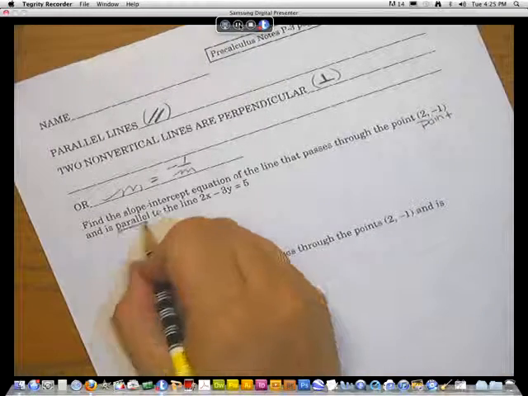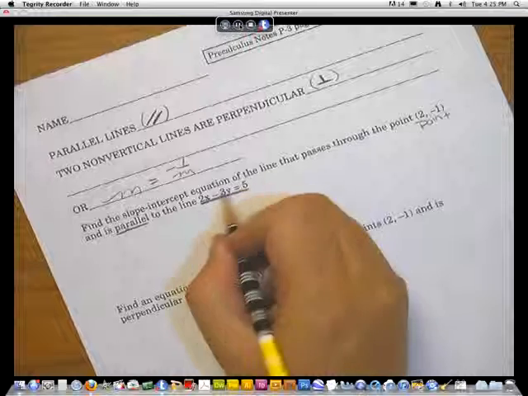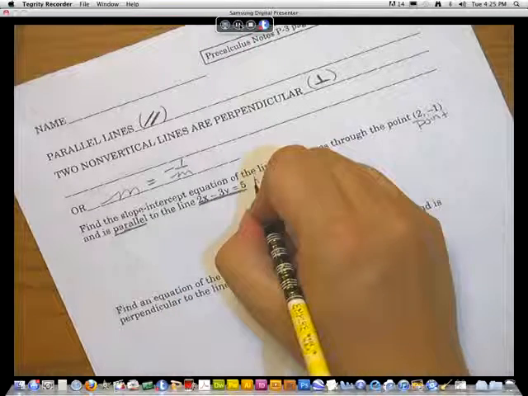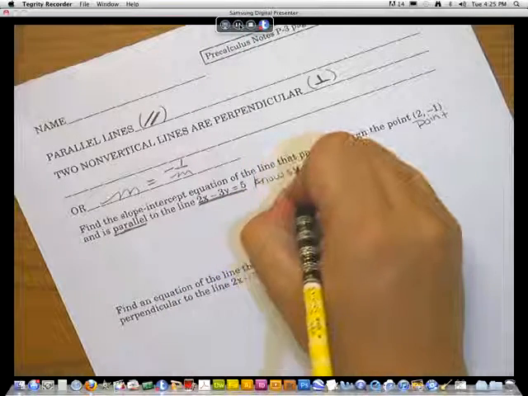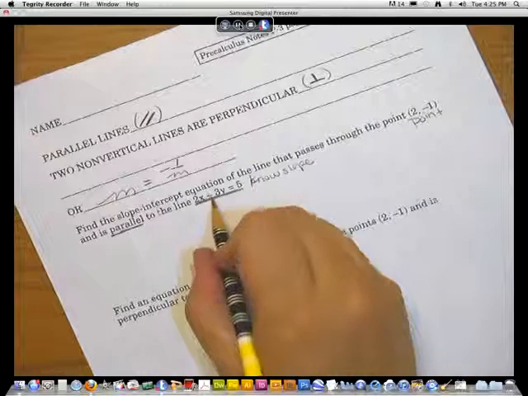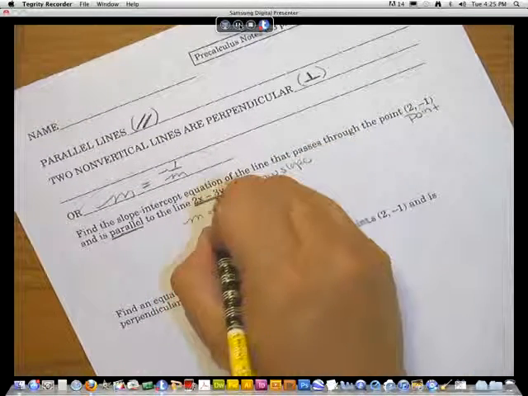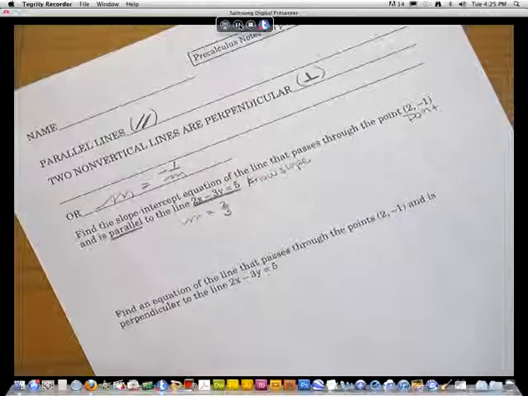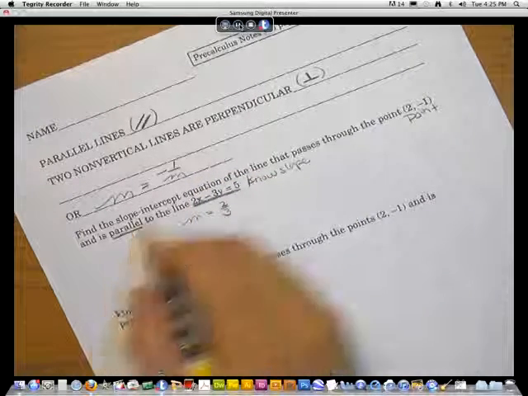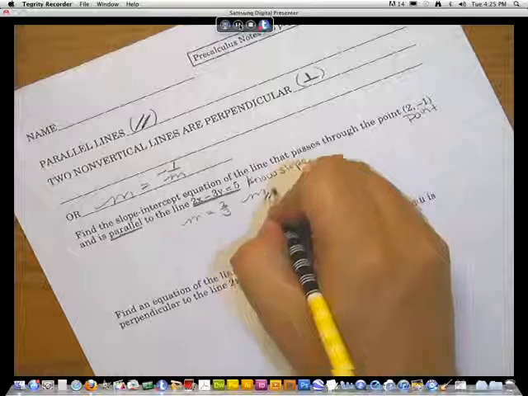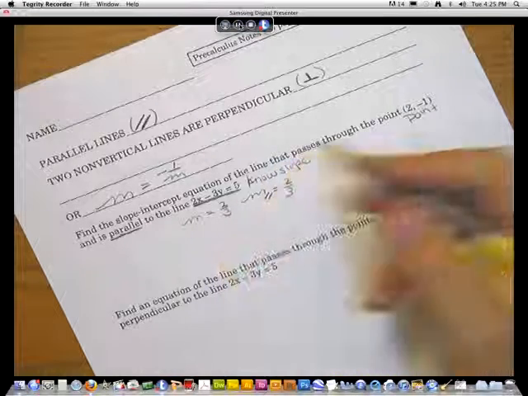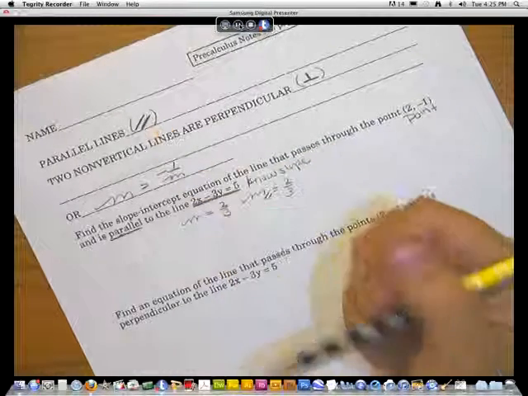By telling us parallel to this, we know what our slope is. Because the slope of this line is 2/3, and we want to be parallel, then we know the parallel slope is 2/3 because of the definition of parallel lines.